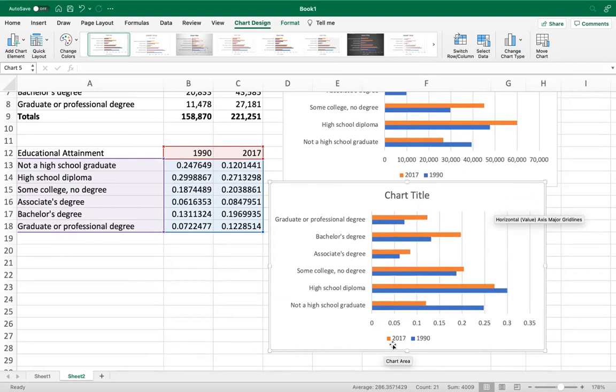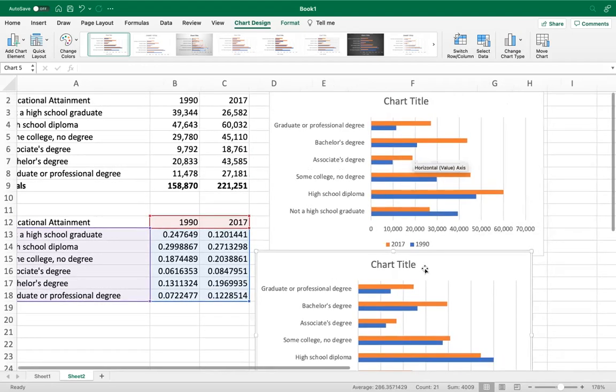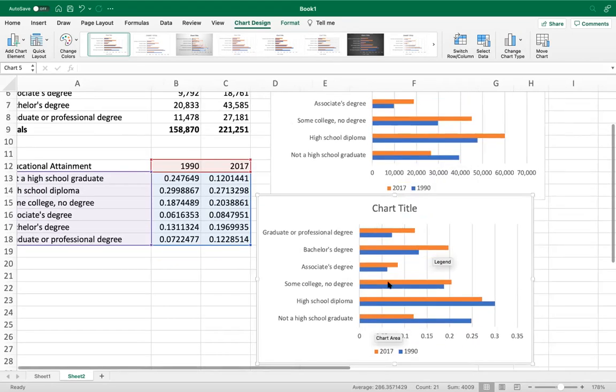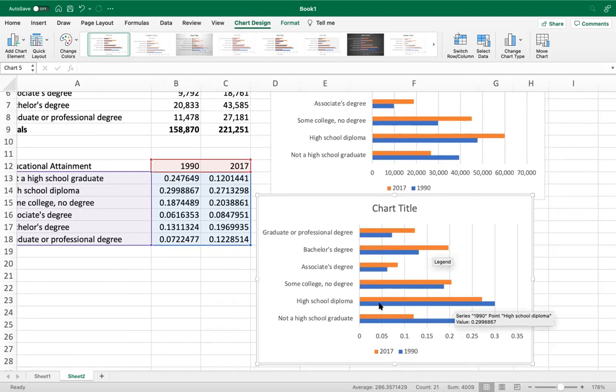There are more people in 2017 than there were in 1990, which means that there are going to be more people with graduate degrees, but it doesn't really match the percentage. The percentage of people are a little bit more educated here. For high school diploma, it actually looks like a greater percent were high school graduates in 1990 than in 2017. So this number is not realistic, and you can't say that part.